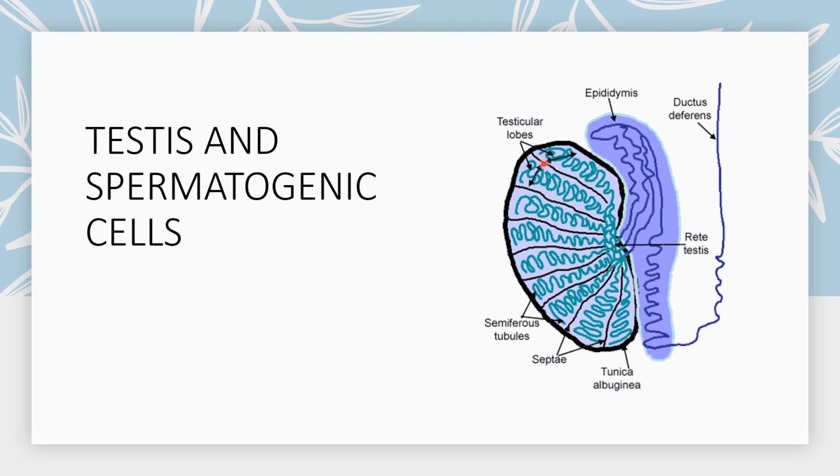After being produced in the testis, it's stored in the epididymis to give it some level of motility, and then it moves through the vas deferens. And of course, at this point you have other fluids coming in from the seminal vesicle, from the prostate gland, and then ejaculation through the urethral opening.